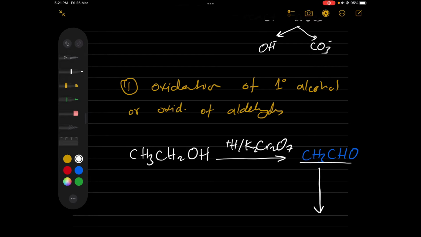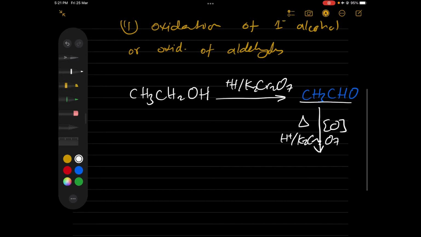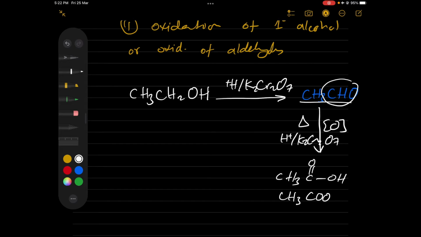So we make a further oxidation, applying more heat and adding acidified K2Cr2O7 again. Once you do this, you will have carboxylic acid, and this group will change to C double bond O, OH, or CH3COOH. This is called ethanoic acid.